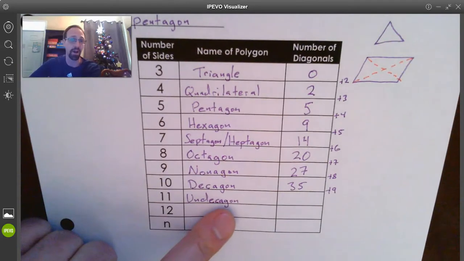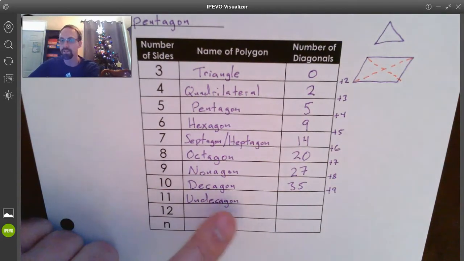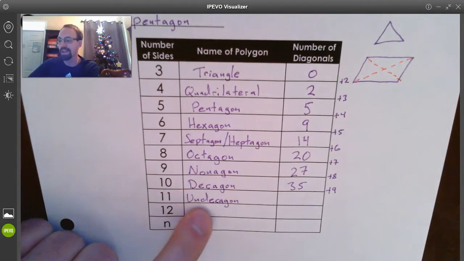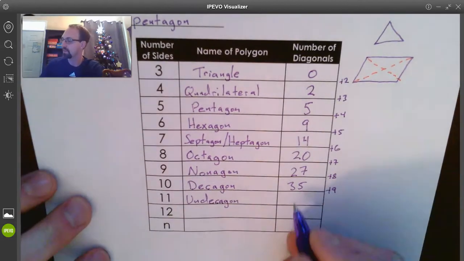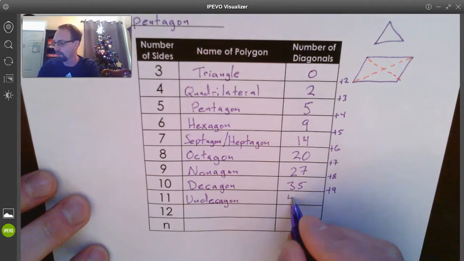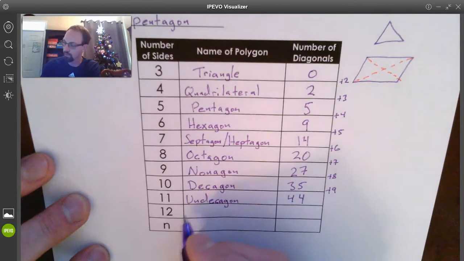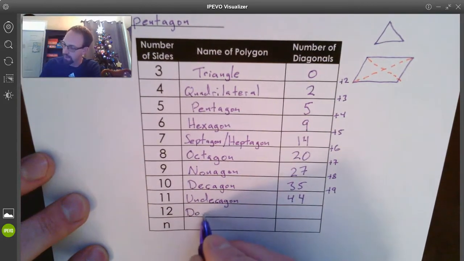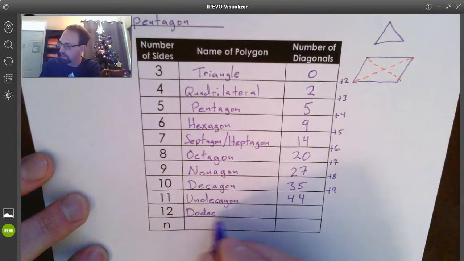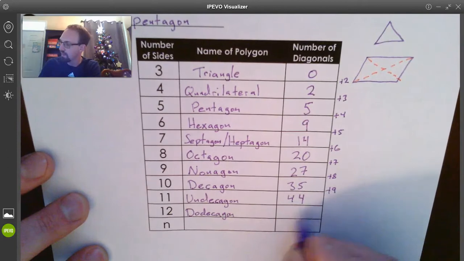Deca is 10, gon is sided shape. So this is a 1 and 10 sided shape, and this has 44 diagonals. Then a 12-sided shape is a dodecagon, or duo, shortened, decagon, and that has 54 diagonals.